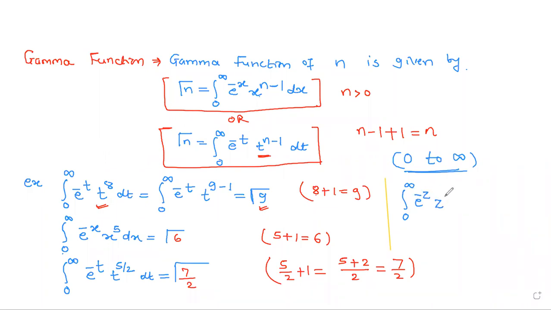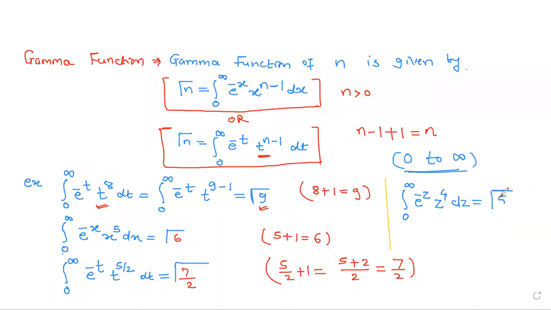Z raised to, suppose 4, any number, 4. dz. That means we change the variable but the pattern is the same. The limit is 0 to infinity. The exponential term is present. Z is on the e side and there is a power on it, so you can write the gamma function. What will come?